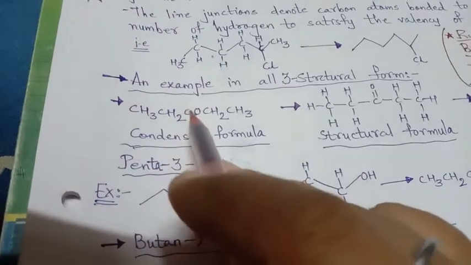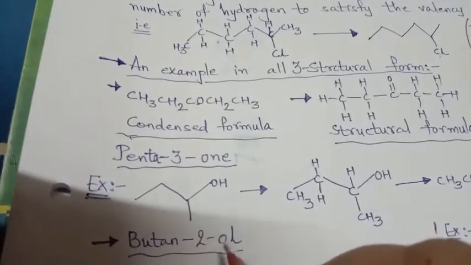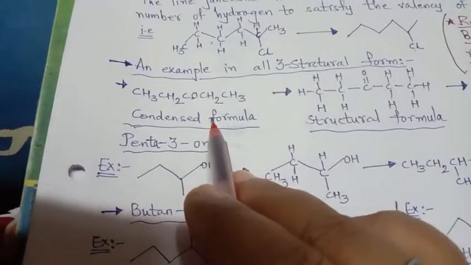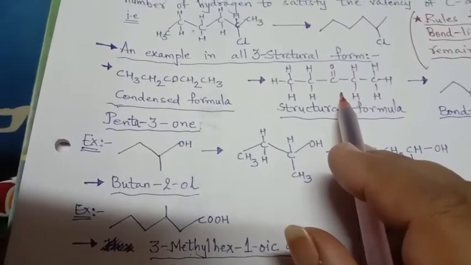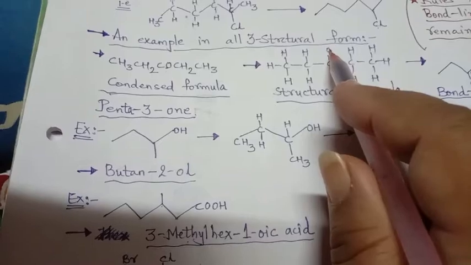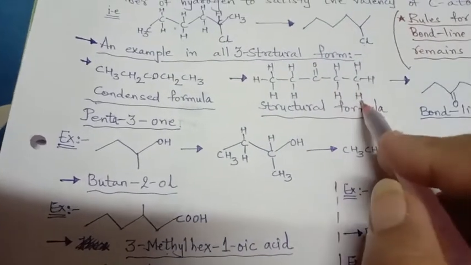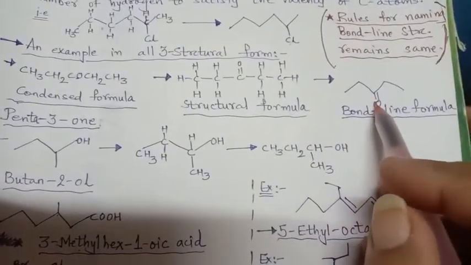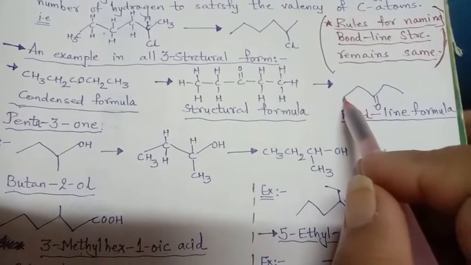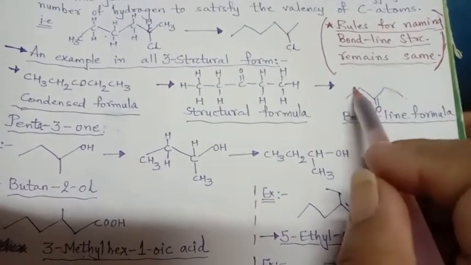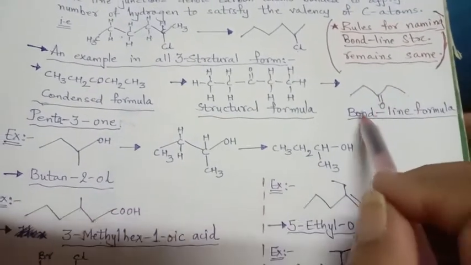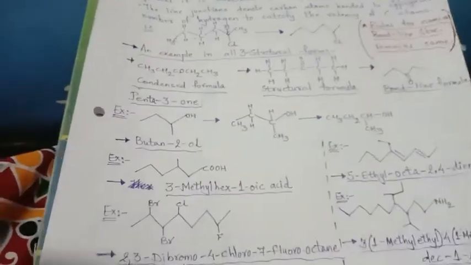Third position is the ketone group. So it will be pentan-3-one. Clear? The same condensed formula is written in the structural formula as CH3, CH2, C double bond O, CH2, CH3. And the same is written in the bond line structure. Terminal CH3, CH3, CH2, C double bond O, CH2. This is the bond line formula.